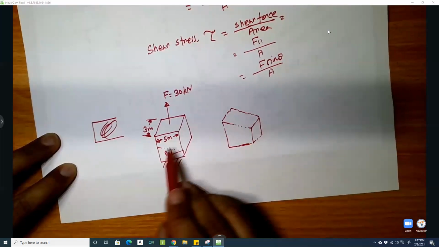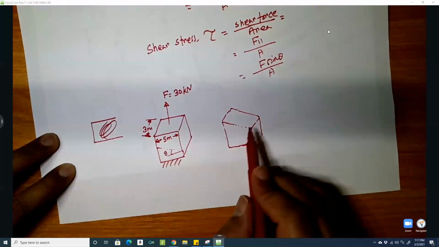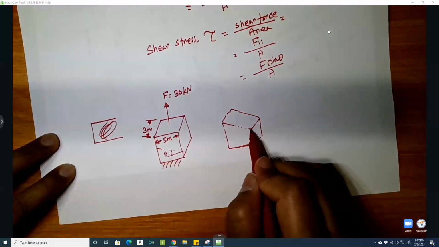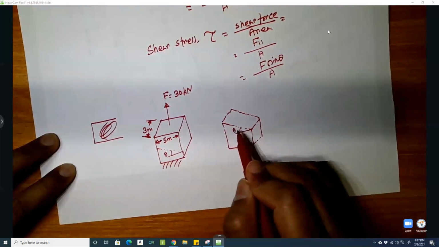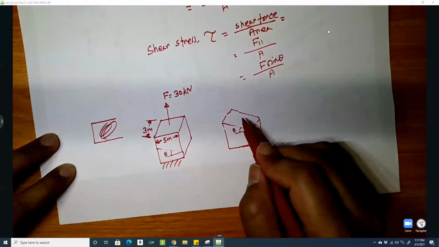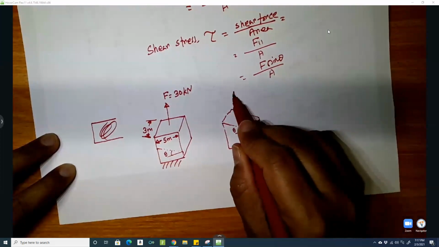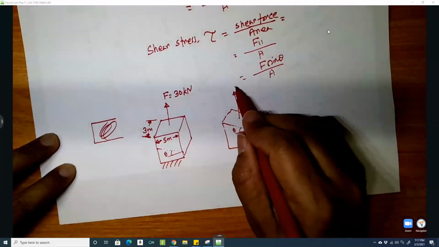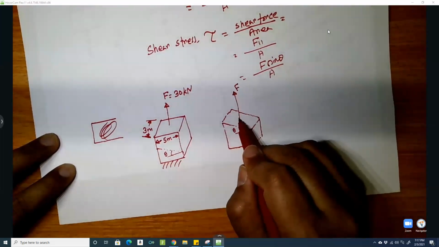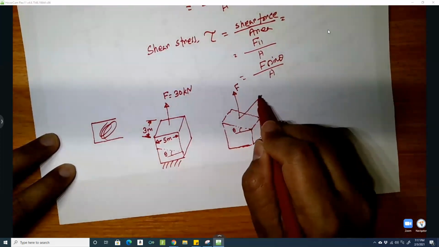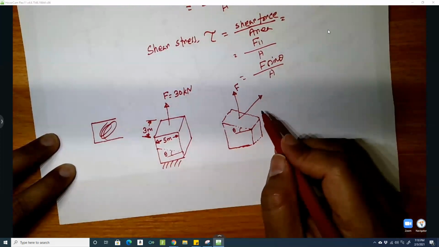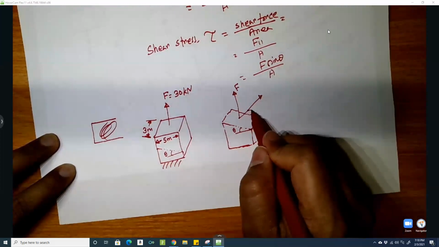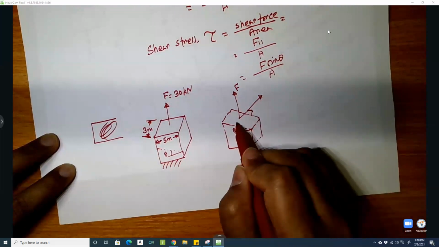this is the plane which is cut with a theta degree angle. So this is my theta, and this is the force F, and this is the force which is normal to this plane.